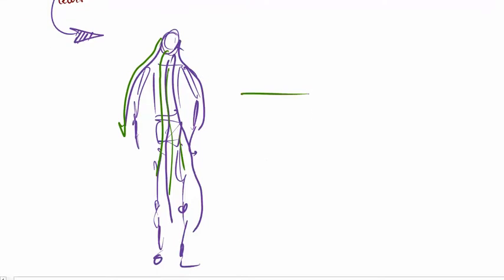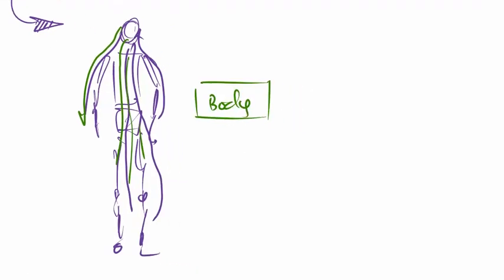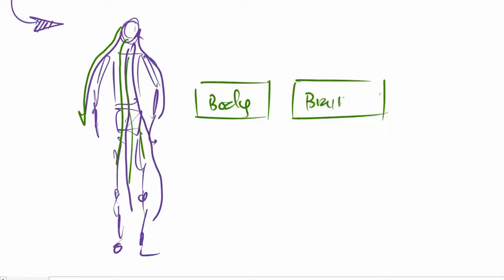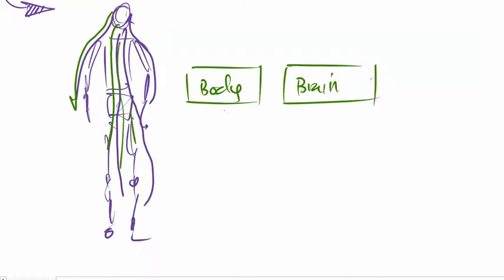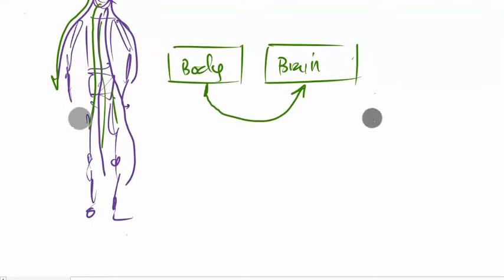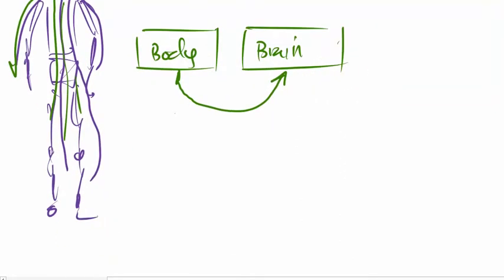So this is the body, and then this is the brain, right? We're saying that the information is moving from the body to the brain, thereby it's ascending. So this would be afferent, right? If it was going like this, it would be efferent.